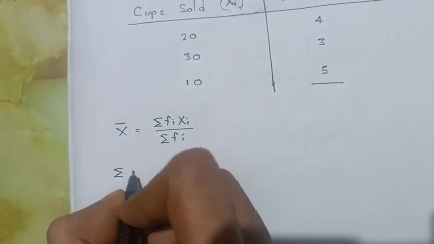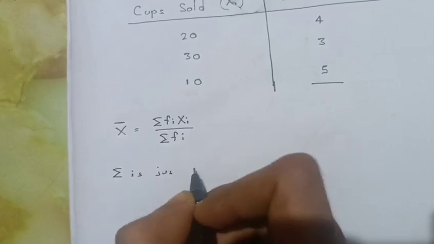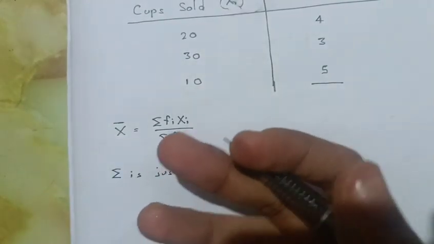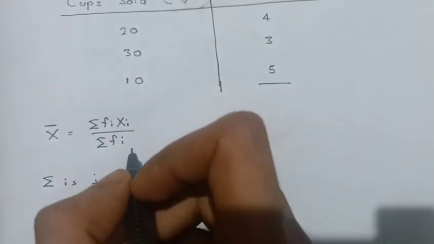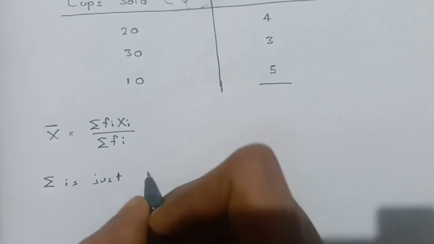Summation is just a fancy math way of saying adding everything up. Let me write it down.